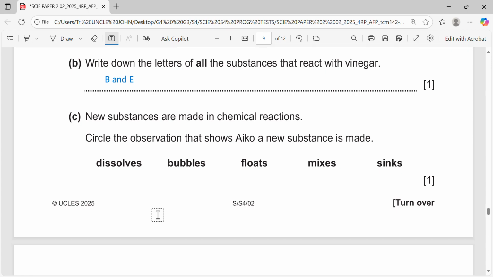Circle the observation that shows Aiko a new substance is made. Dissolves, bubbles, floats, mixes, sinks. So the right one is bubbles.